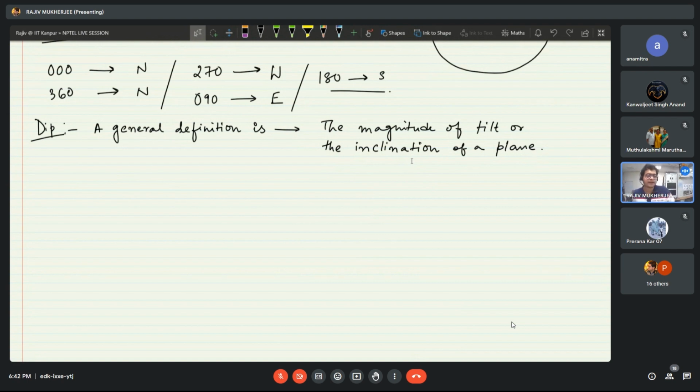So that would not actually be geometrically correct if we are trying to properly quantify the geometric as well as geographic disposition of a rock surface.